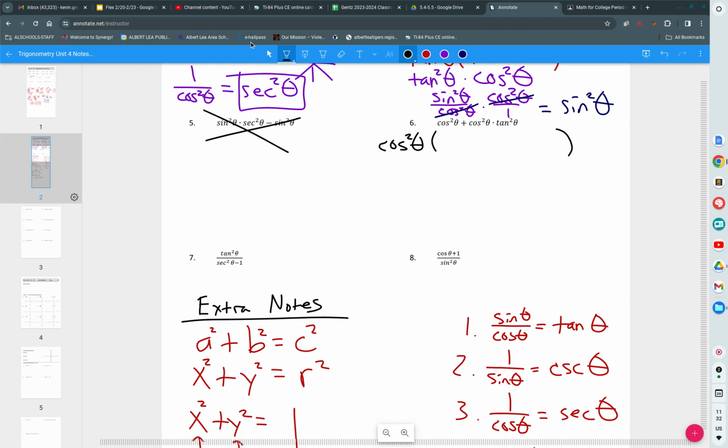So, factor out a cosine squared. The 1 plus, yeah. Go ahead. And then, what is 1 plus tangent squared?